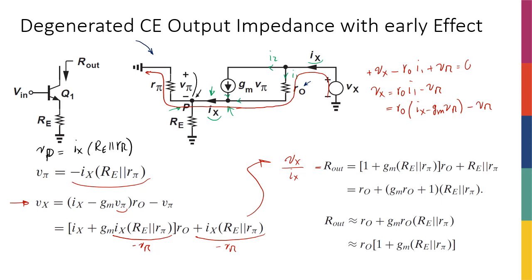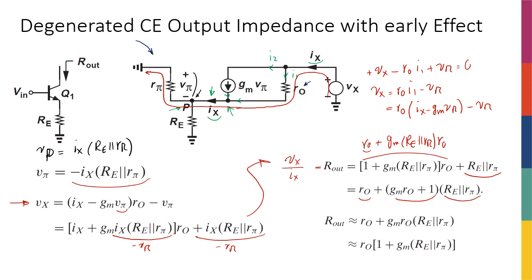Now, once I write R out, I try to simplify things. So I can say that 1 times R naught, I'm going to break this out, so it's going to be R naught plus GM Re in parallel with R pi times R naught. And then I see that I have an Re in parallel with R pi here, so I factor them out, so I get Re in parallel with R pi times GM R naught plus 1, and then I have this R naught in the beginning, so I add it here.